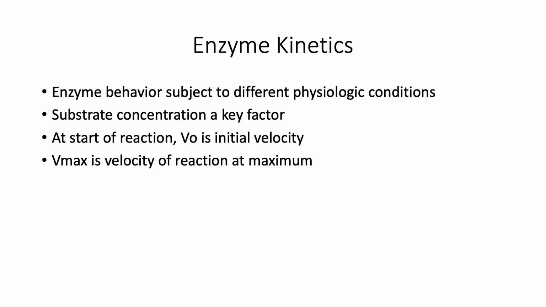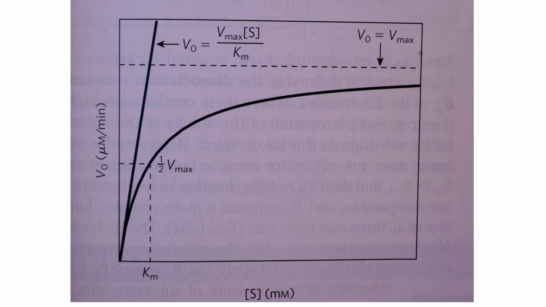In biological systems, for quantitation and characterization of enzymes, oftentimes we will saturate the system with substrate, and Vmax is an extrapolated number. So when we look at the amount of substrate present, and we have an infinite amount of substrate, we get the initial velocity V naught approaching Vmax. This line, Vmax is here, and the line eventually will approach this number.